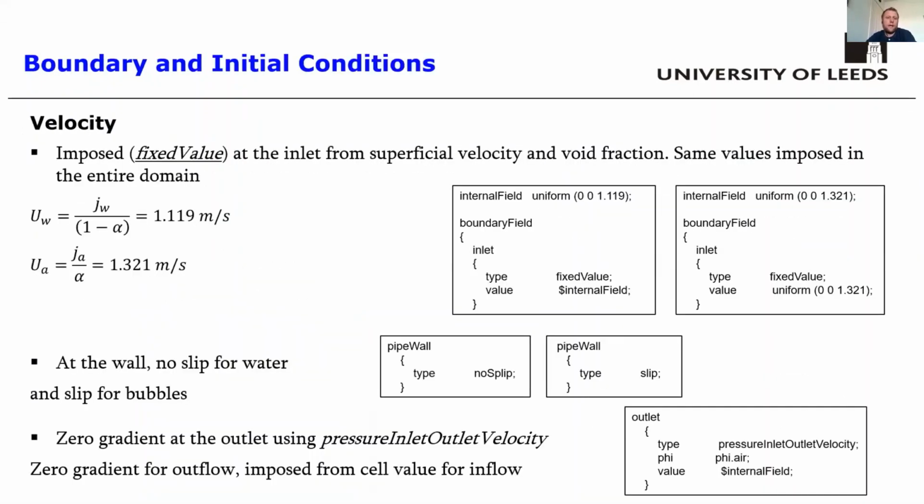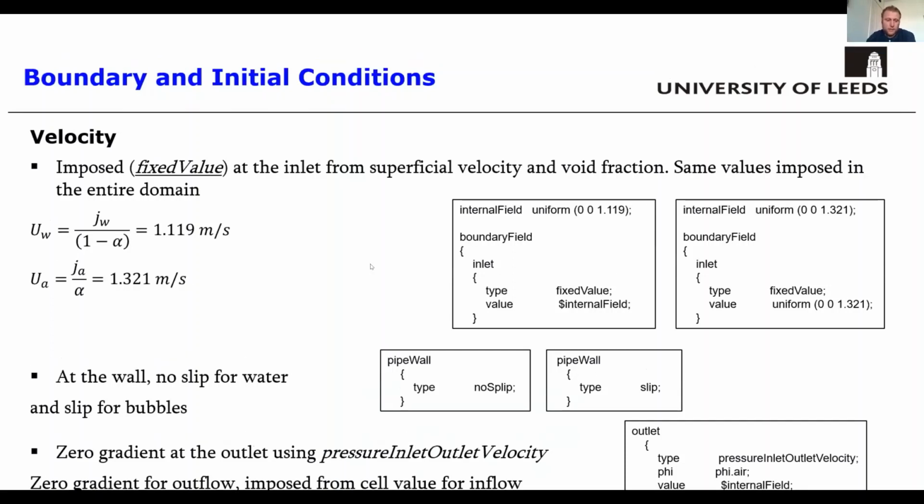Now, for boundary and initial conditions, let's go back again to the case. Of course, we have the typical structure of an OpenFOAM case with the 0 folder, constant, system. You see the results are also there in this case.